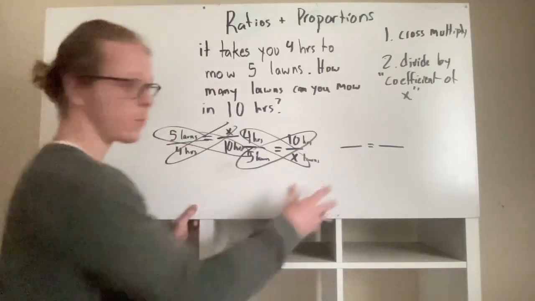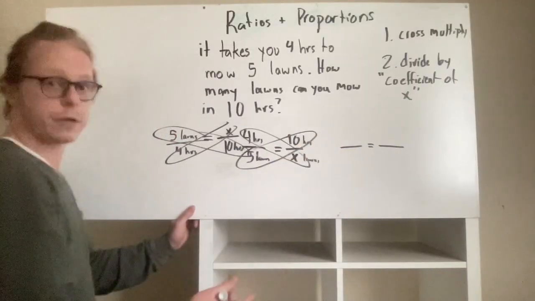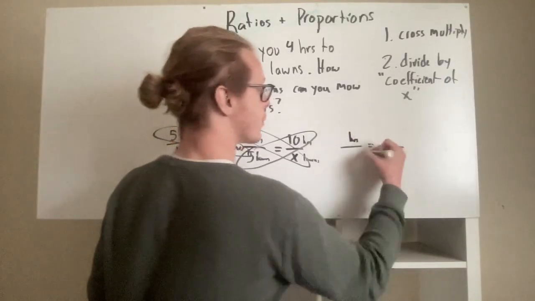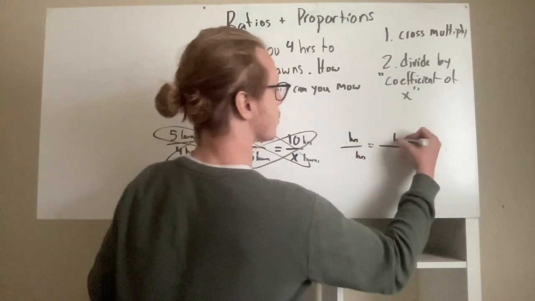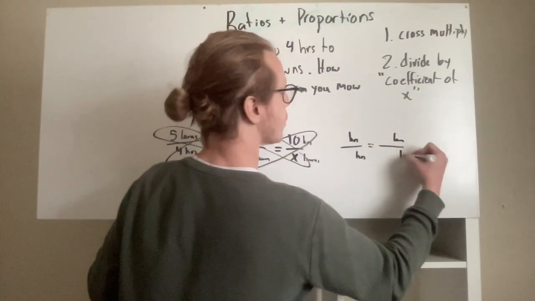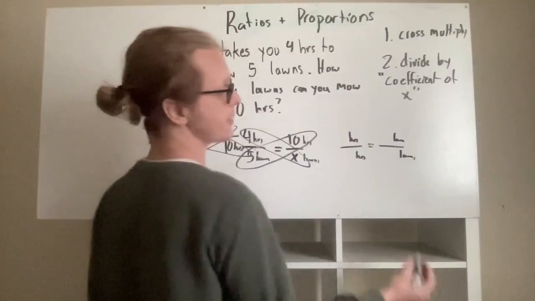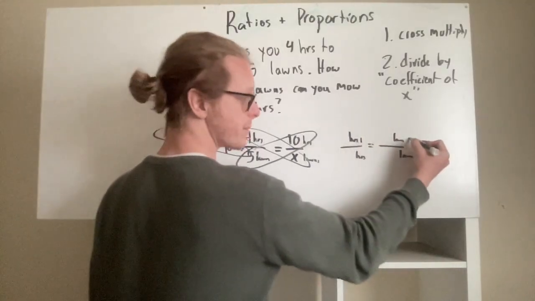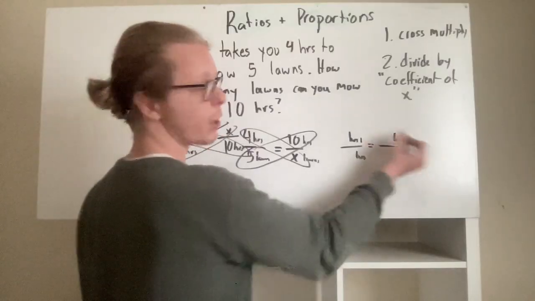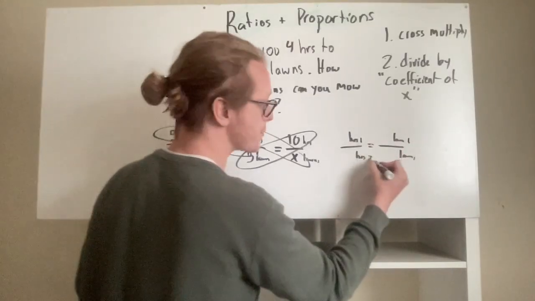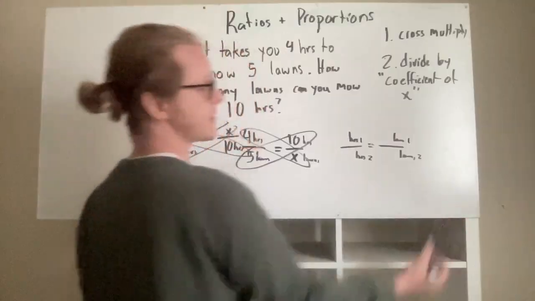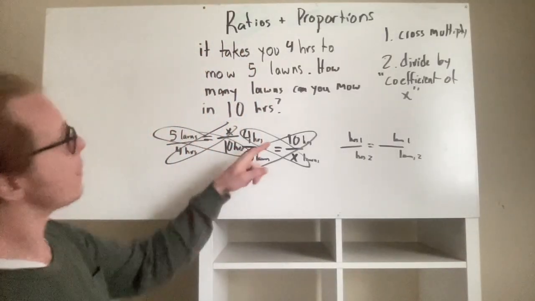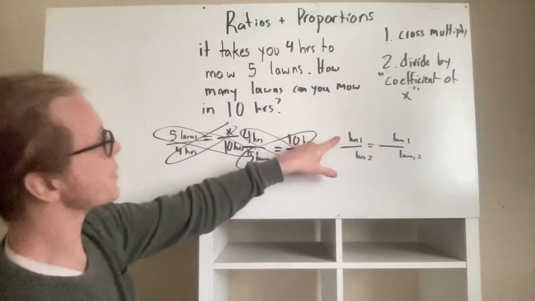Let's actually set it up one other way that would also work. We could do hours over hours and lawns over lawns. We just need to make sure that hours from the first example and lawns from the first example both go in the numerator, and then hours from the second example and lawns from the second example go in the denominator. So what would it look like there? Well, do I know how many hours it took in the first example?